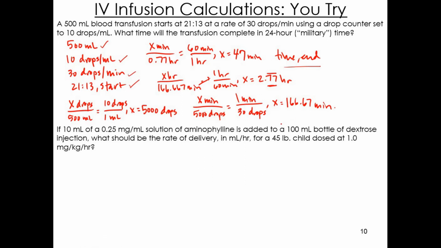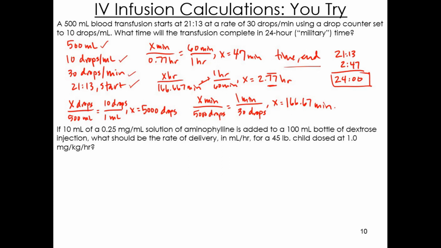So we have 2 hours and 47 minutes that elapse. So 21:13 is where we started. We add 2 hours and 47 minutes to that, and we get 24. So the transfusion will end at midnight, 2400 hours.